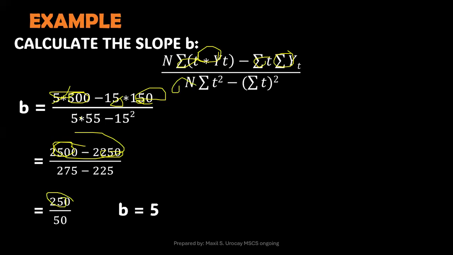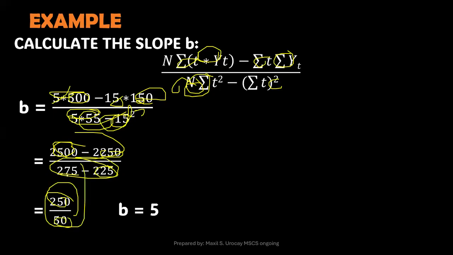Now, your n is 5, your summation of t squared is 55 from earlier. Then you square the summation of t, which is 15. So 5 times 55 is 275, then 15 squared is 225. You deduct that and it will become 50. So 250 divided by 50 becomes 5. So your slope right now is 5.